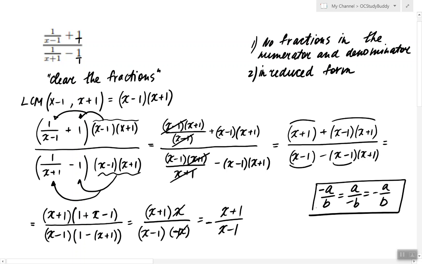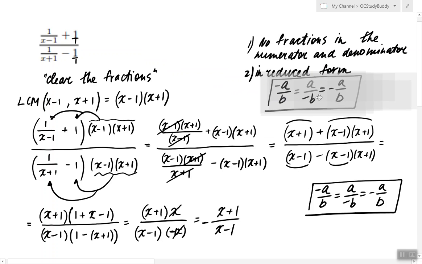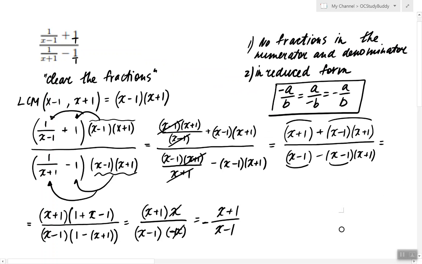Now, if you couldn't factor it right away, then alternatively you could have just distributed everything. Notice here that x minus 1 times x plus 1 is just x squared minus 1.